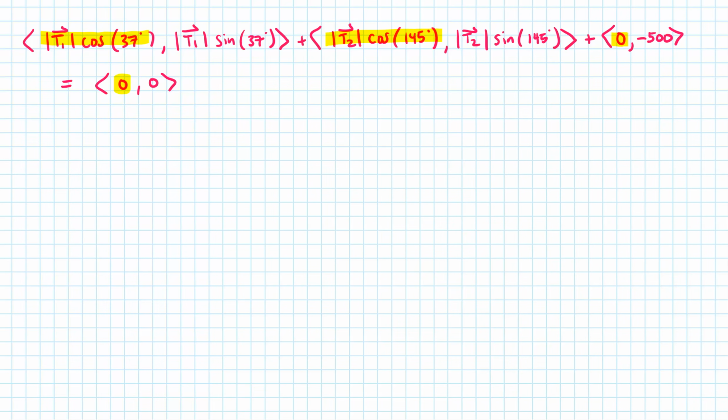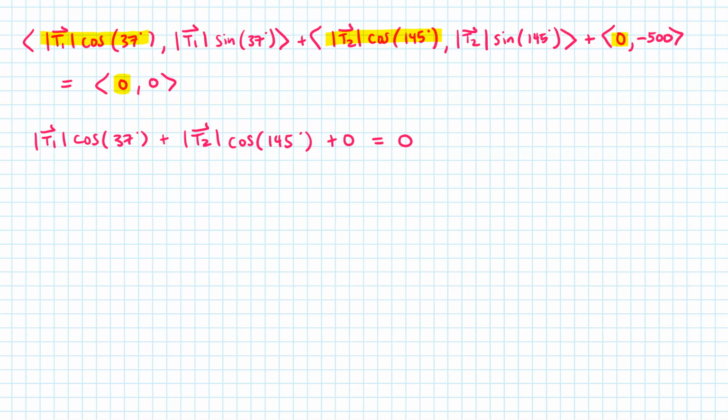So let's go ahead and write an equation that helps us with that. So the magnitude of T1 times cosine of 37 degrees, plus the magnitude of T2 times cosine of 145 degrees, plus 0 is equal to 0.